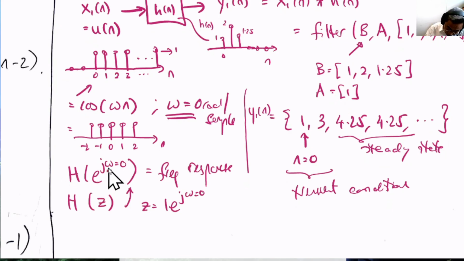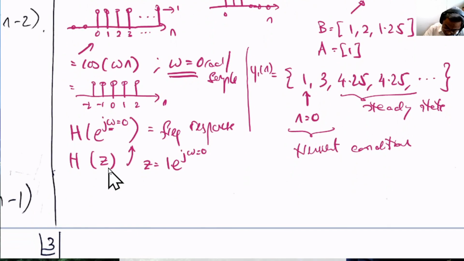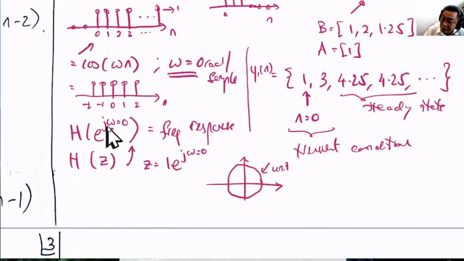In fact, what you realize is that the frequency response is nothing but H(z), on the z-plane, evaluated on the unit circle. So where do you think omega equals 0 is? It is actually at this point here.